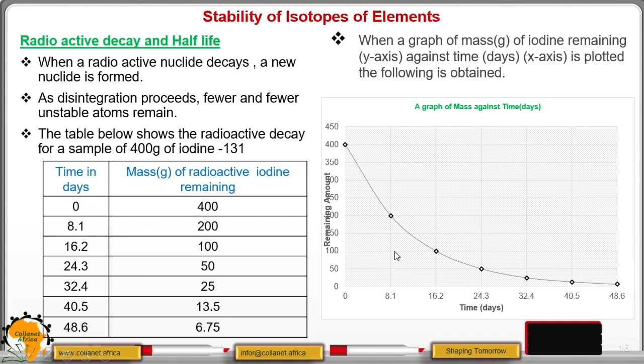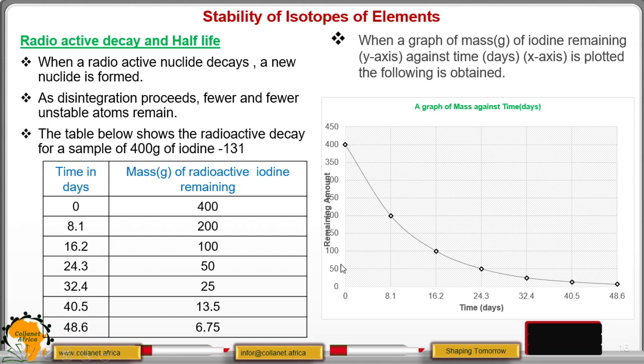From this point up to 16.2, you will again get 8.1 days. Then the half of 100, that is from 16.2 to 24.3, again you will find that it is 8.1 days. That is the difference, 24.3 minus 16.2, you will get 8.1 days.